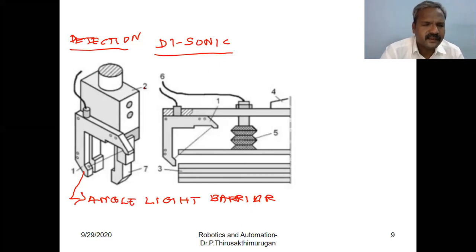Two is the gripper. Three is a layer of plates.